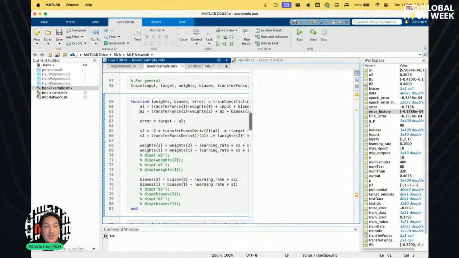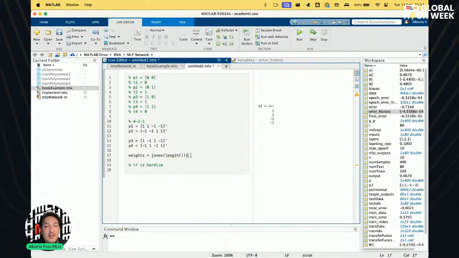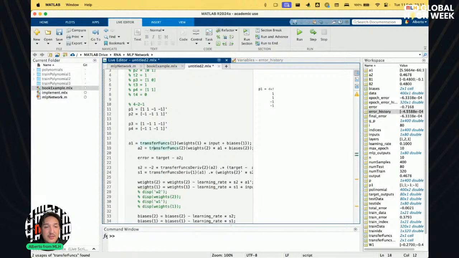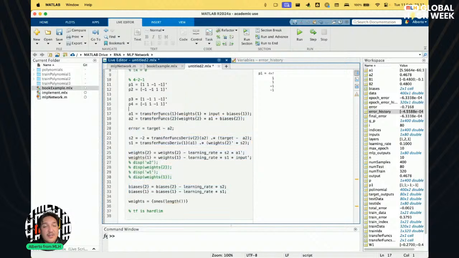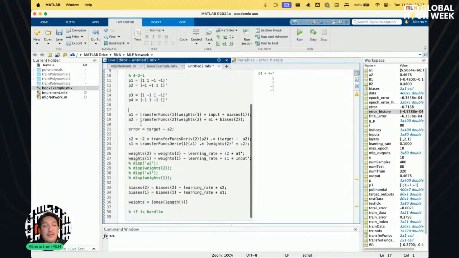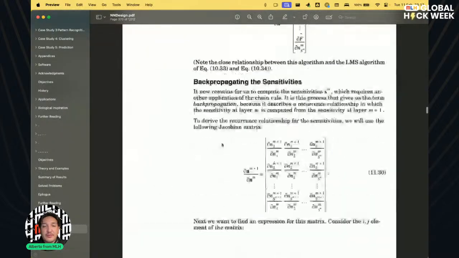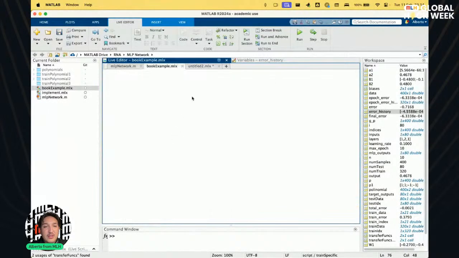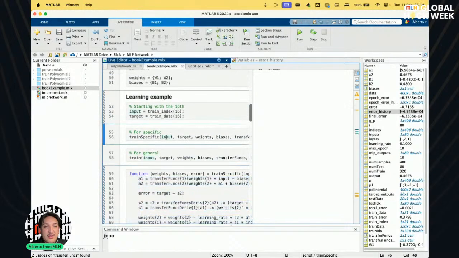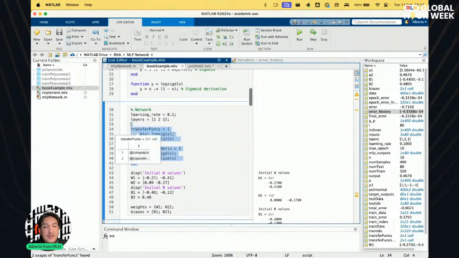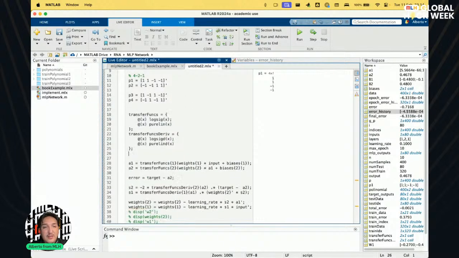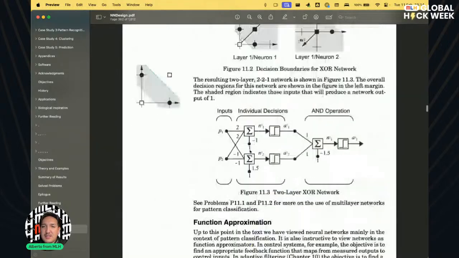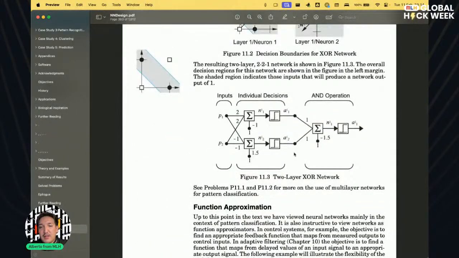I'm going to copy this, which I had prepared, and put it here. The only thing is that the transfer functions are not the same. For all of these transfer functions, in this case, these are all going to be hard limit.